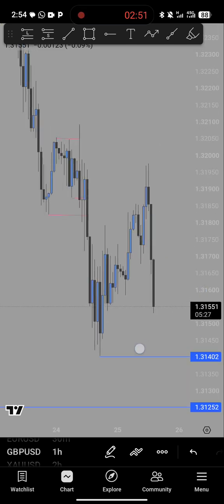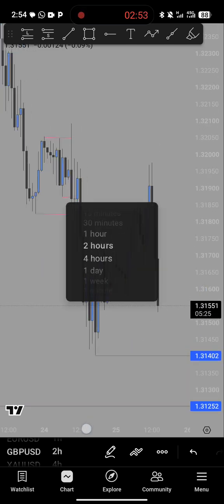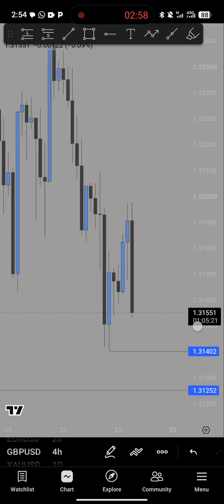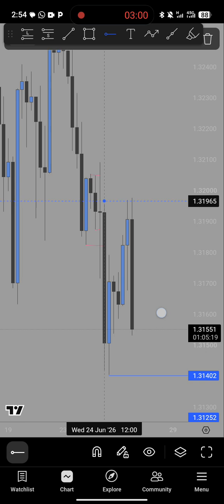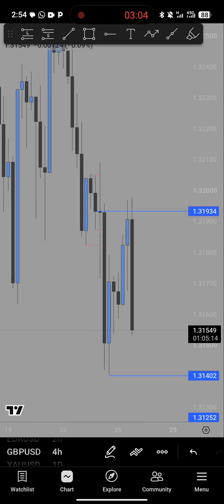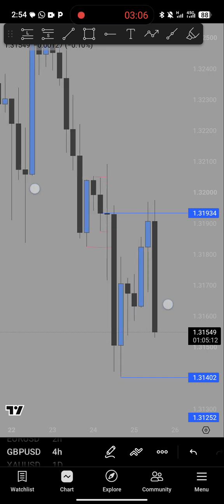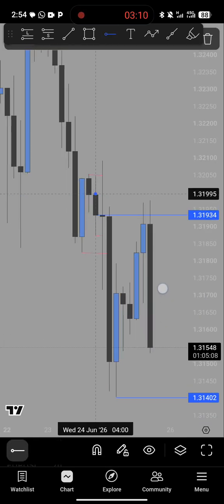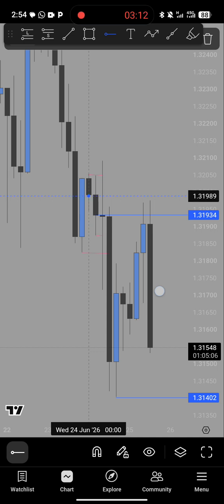So here you can come to this side, you go to H4, and you can mark any candle you see here. You can mark open close. In that open close, you can also see this one here, mark that one too.